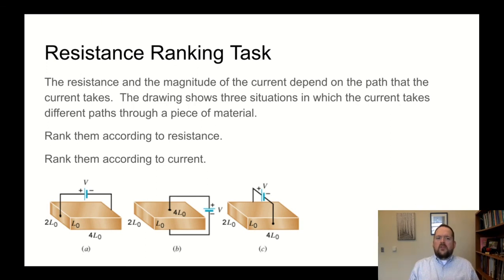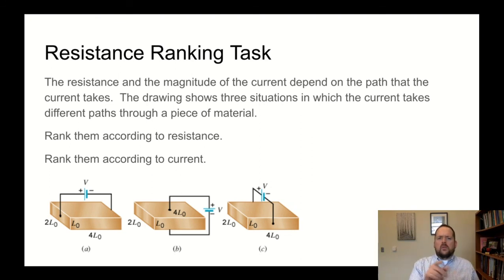But we either put the potential difference in scenario A so that the current flows through the full 4L length, or we put the battery, the potential difference in situation B so the current flows through the length of just L, or in situation C, the battery is hooked so that the current flows through the length of 2L.